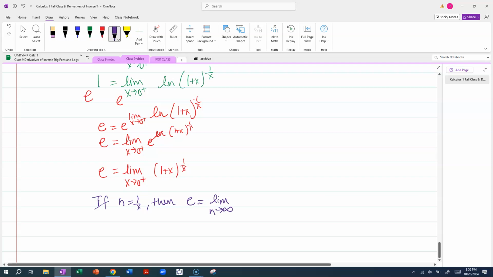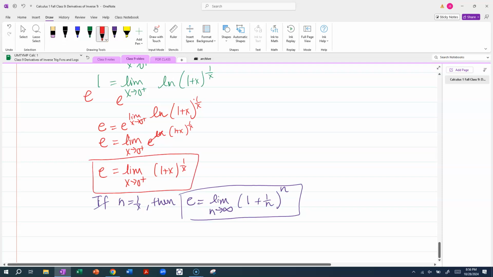If x approaches 0 from the right, then n will tend towards infinity. And then we have 1 plus 1 over n to the power of n. So you now have 2 more ways of understanding this natural number e, depending on which form of a limit you want to look at.